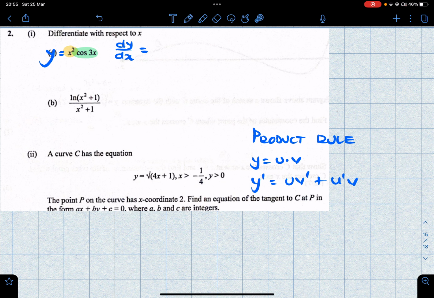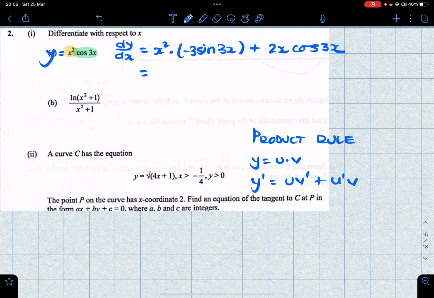So if we call this u and this v, then we're going to have u v dash, so that's x squared times minus 3 sine 3x, plus 2x, which is u dash, the derivative of x squared, multiplied by cos 3x.